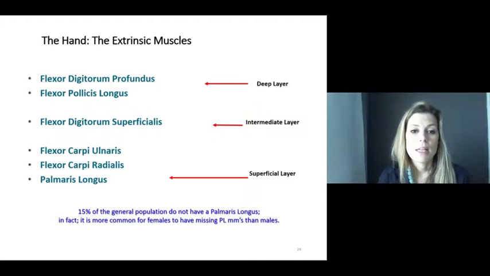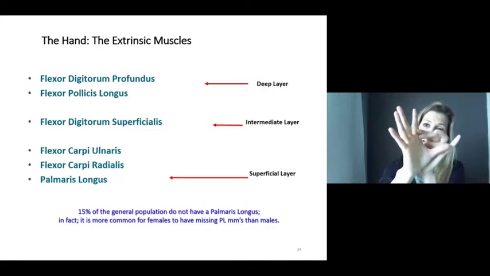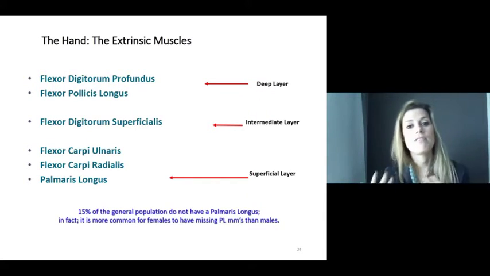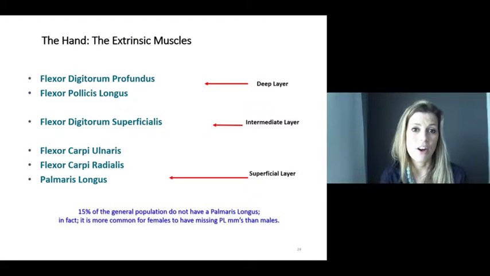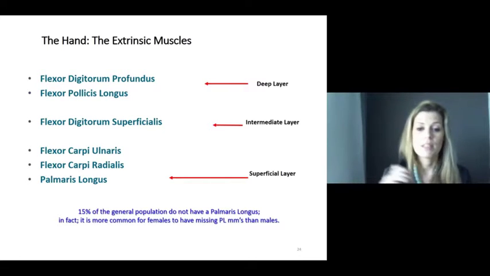If we move to the intermediate layer, there's flexor digitorum superficialis. This muscle is going to flex at the PIP joint of the hand. Typically FDS and FDP are working together for different functional grasping patterns. And then in the superficial layer, we've got flexor carpi ulnaris, flexor carpi radialis, and palmaris longus, being your wrist flexors that are drawing that wrist down into a functional posture.